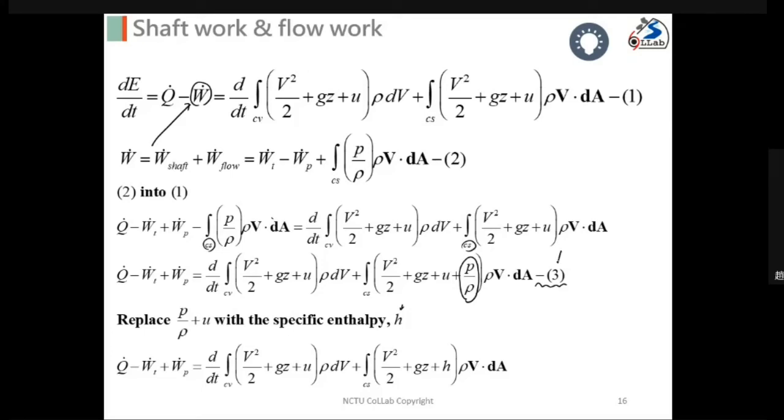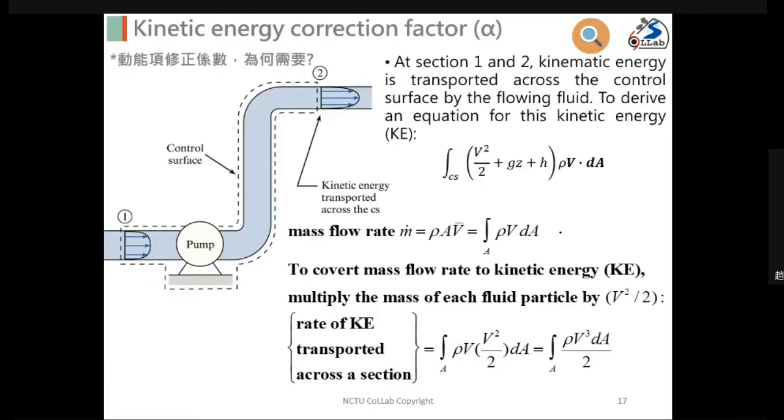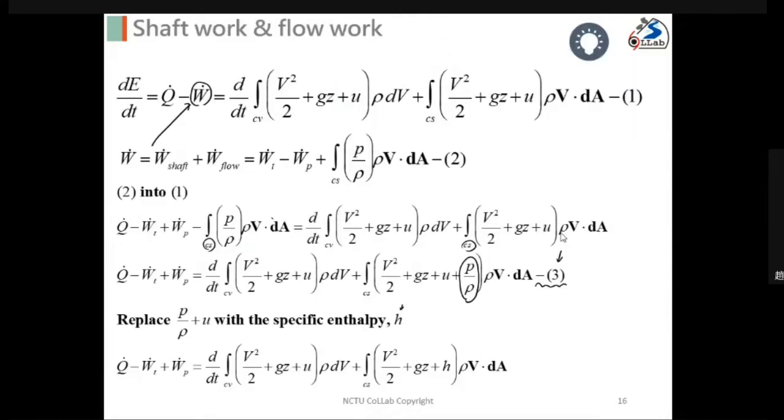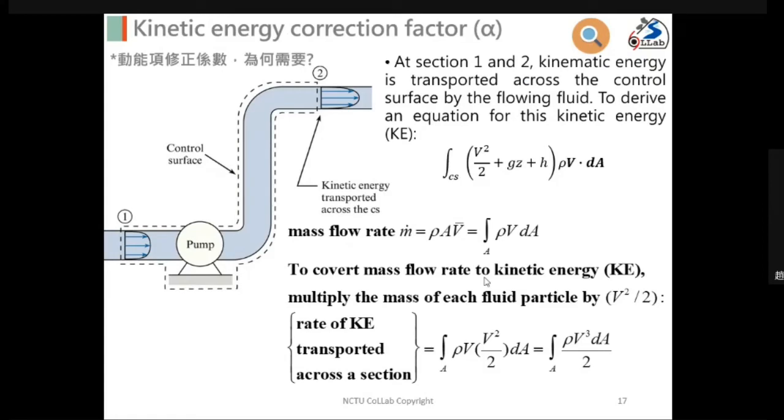But in our chapters, we don't use that, so we just take a look and keep it in mind. So we still stop at equation 3 here. If we consider equation 3, it is a little bit difficult to deal with the integrations, because you see there is a V squared and there is the V outside.